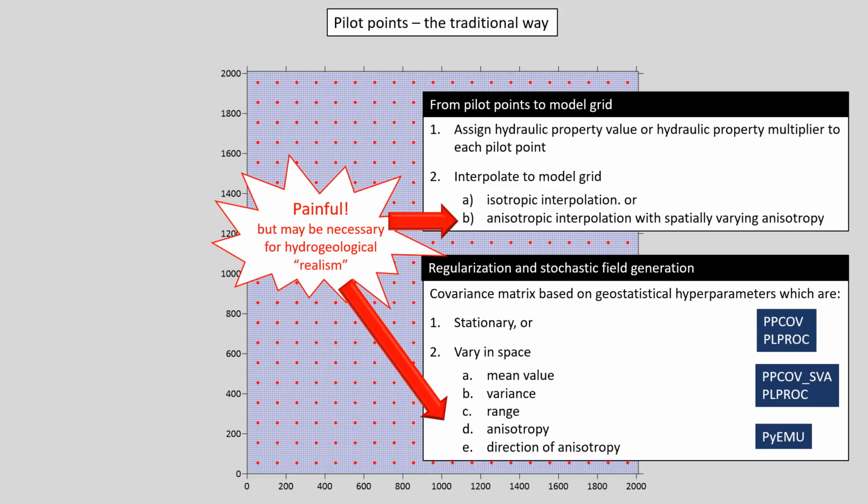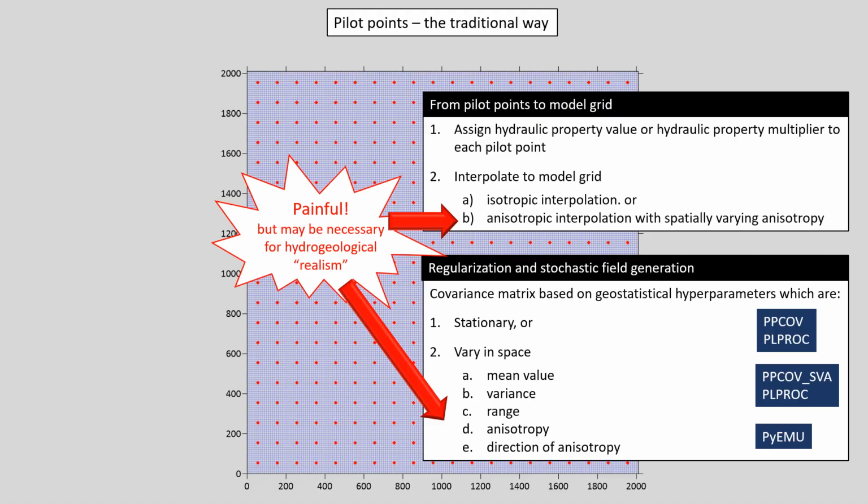It's all doable, but handling these covariance matrices that specify complicated geostatistics does become a little painful. But it may be necessary in model domains in which the geostatistics of hydraulic property variability is different in different parts of the model domain. And that happens in a lot of places. Okay, that's the traditional way to use pilot points.